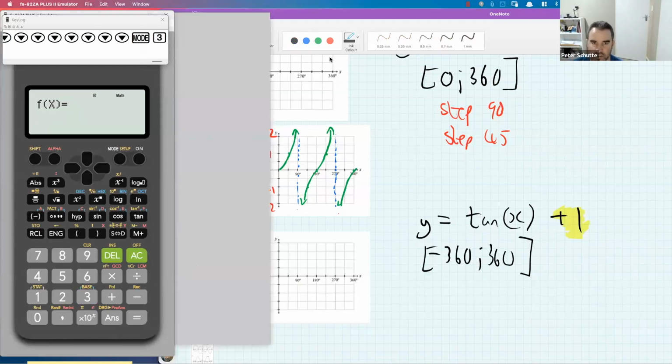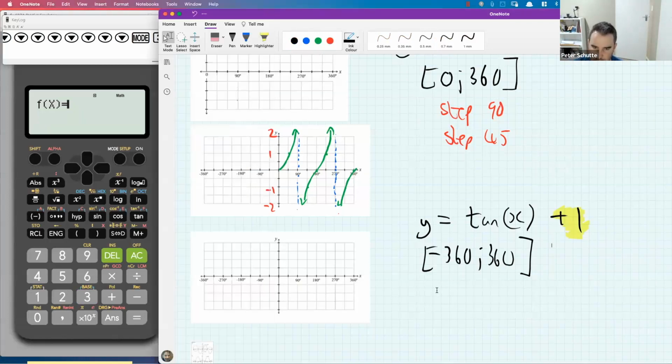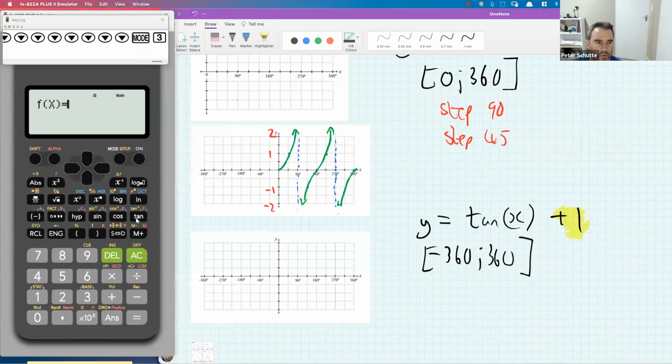I think I would use a step size of 45 degrees again, because I want points fairly often here.